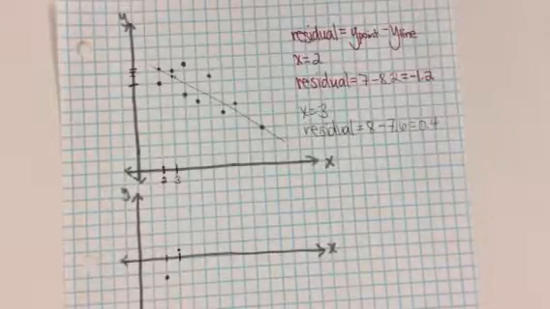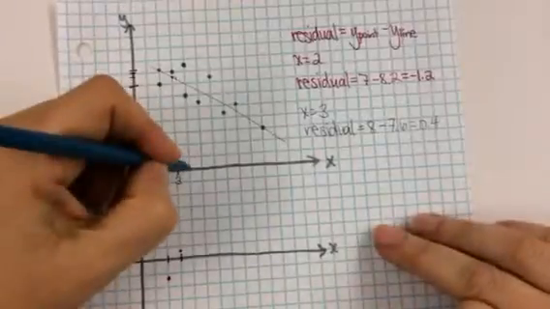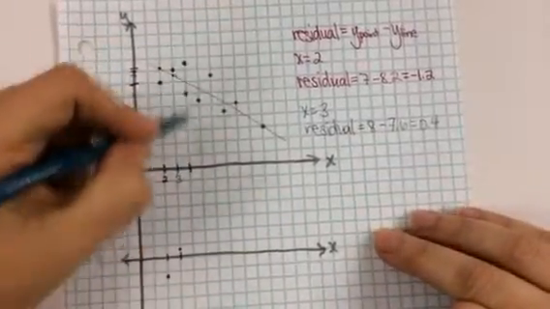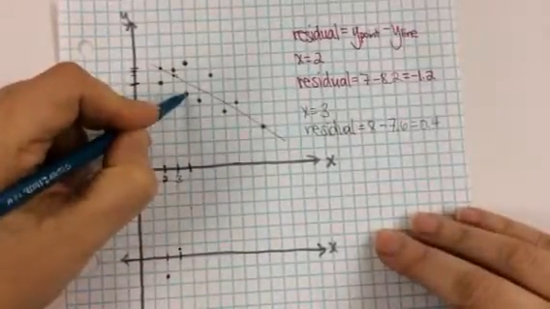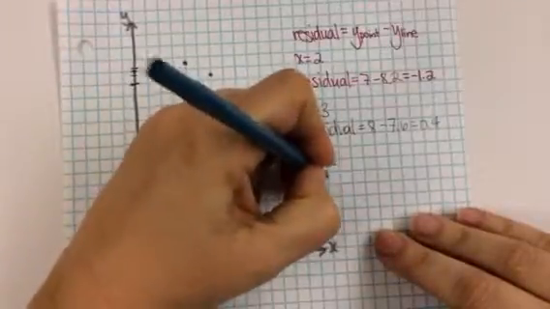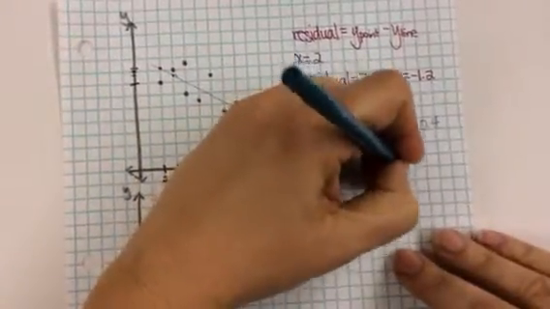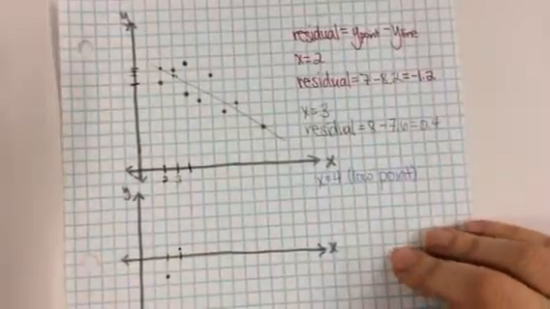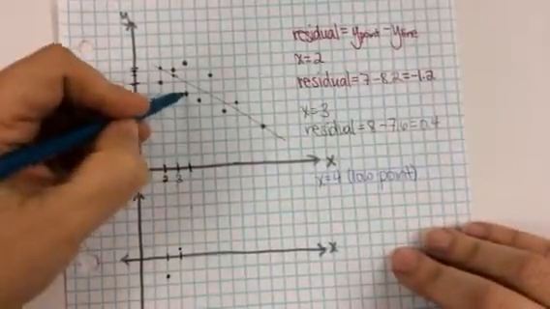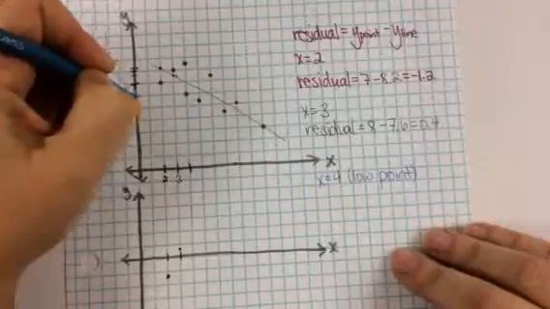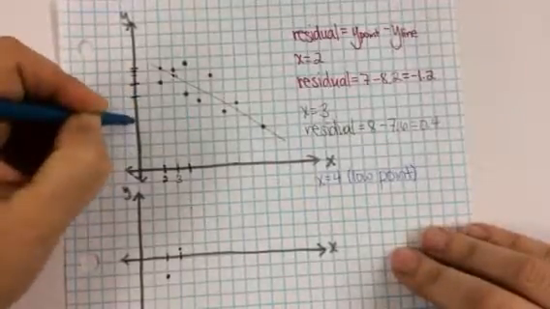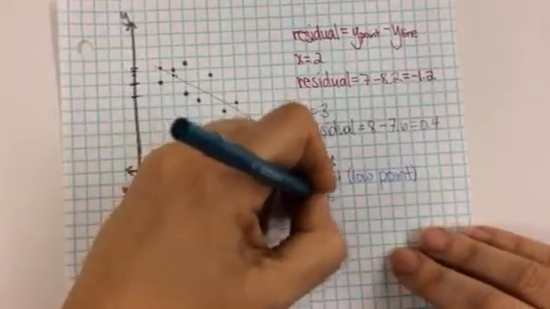Okay, so let's do one more that way, and then I'll show you a different way. For x equals 4, I've got 2 points, so let's do this one with the equation. Let's specify the low point for x equals 4. The y value of the point is right here, and that is what again? 6.